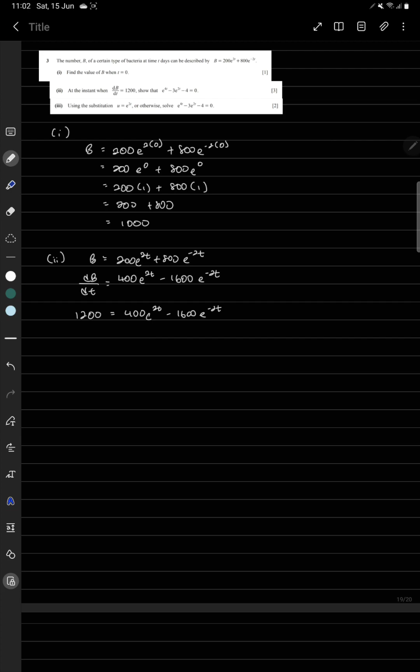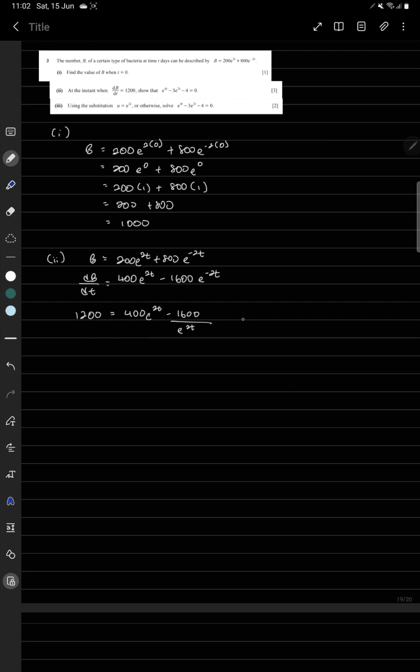Okay, now it looks like the showing equation, we don't see any negative powered e there. So instead of having e to the power of negative 2t, let's bring this down to over e to the power of 2t. Okay, it also shows that in the equation there's no fraction, right? So I want to eliminate this fraction, which means that I'm going to multiply everything by e to the power of 2t.